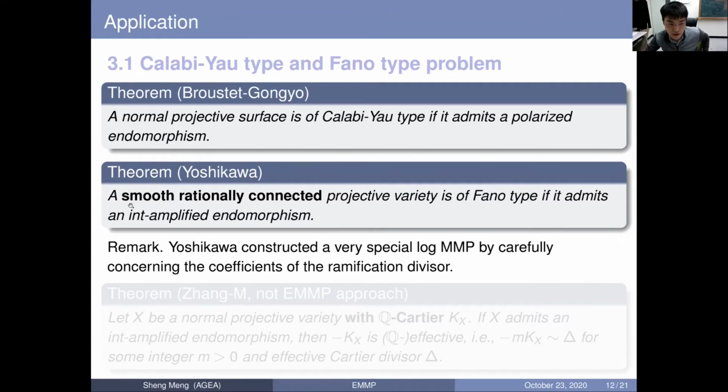So here, smoothness is very important. If you remove this assumption, it is not correct. There are counterexamples. However, we want to remark that Yoshikawa constructed a very special log MMP, not our pure MMP. This MMP is chosen by carefully considering the coefficients of the ramification divisor.